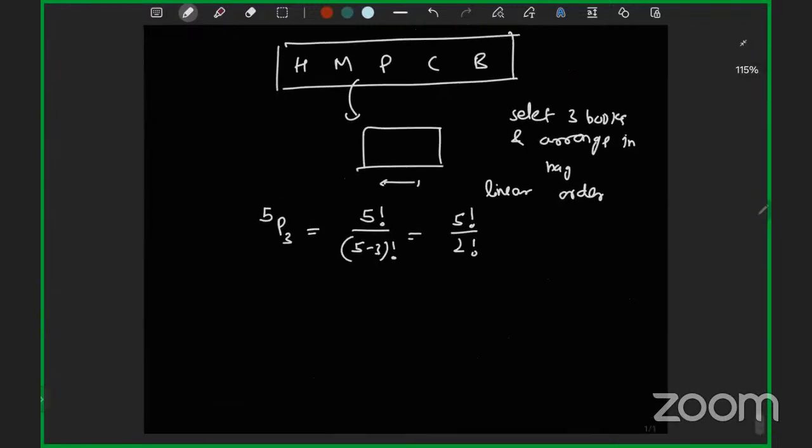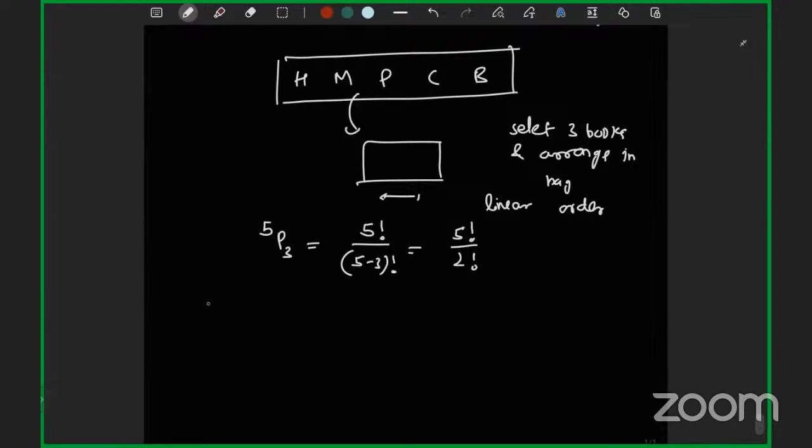And that's what the factorial itself also means. When I say n factorial, it's the same as nPn. Okay, n factorial is nPn. If you see, the formula will be n factorial divided by n minus n factorial, and that will become n factorial over 0 factorial. And 0 factorial is 1.